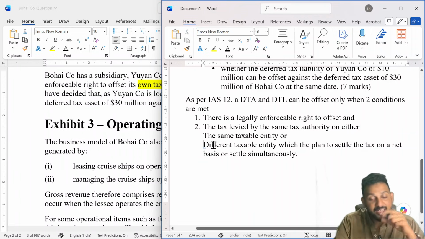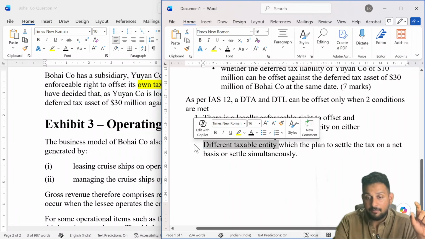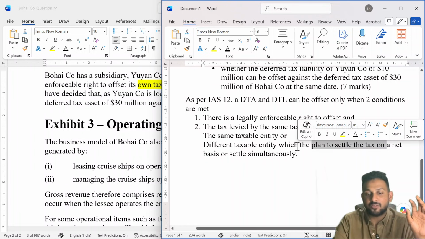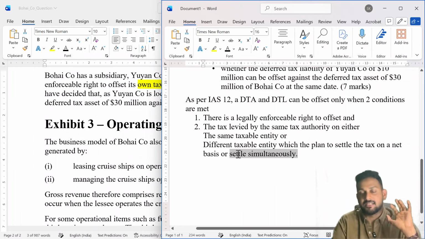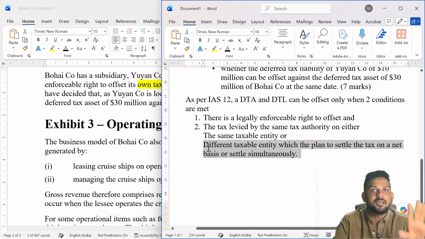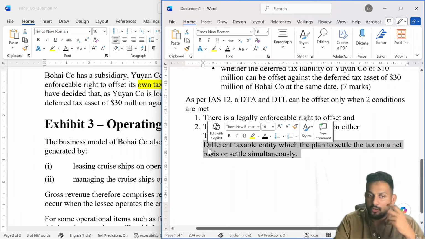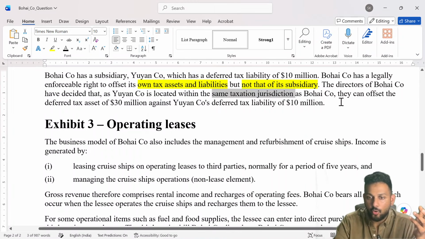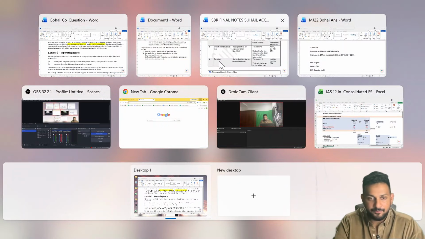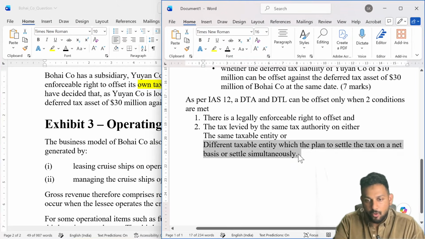Or this is applicable to different companies, right? So the second condition is a different taxable entity, but they're planning to settle the tax on a net basis or simultaneously. There is no adequate information about this condition here. They're not talking about the net basis settlement, so this point is not applicable here.